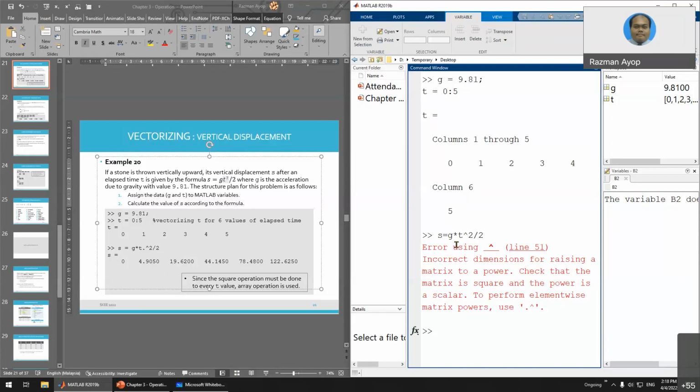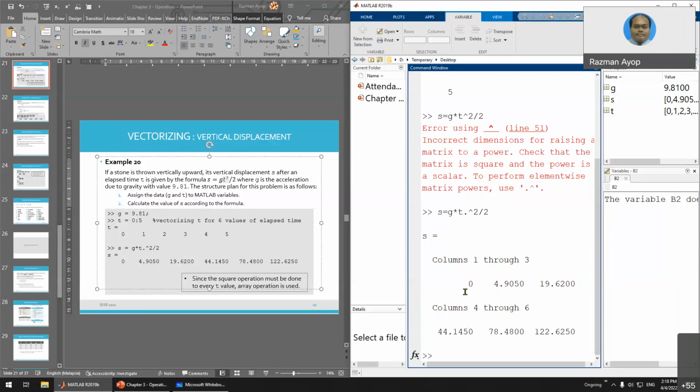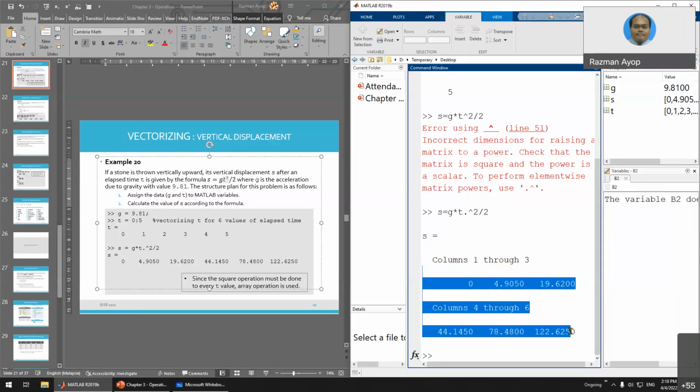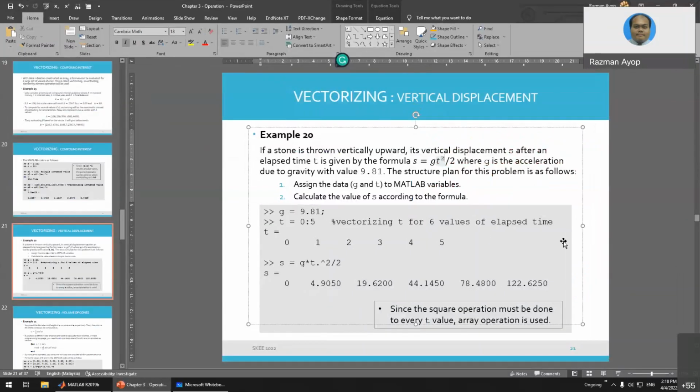See, you cannot do this because you have to power each value inside here. So to do this, you have to put the dot. Then you get the answer. So basically you have already calculated for the time change. That is the function of array operation.